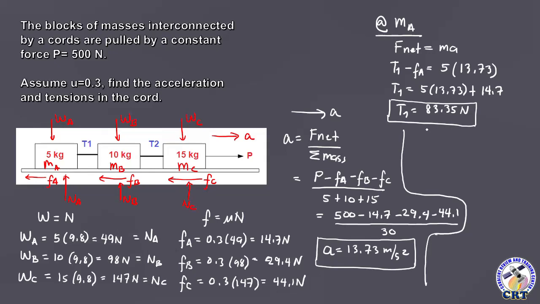Solving for T2, the tension 2, let us consider the 10 kilogram mass. So at MB, our F net there is T2 minus FB equals the mass, which is 10 kilograms, times the acceleration, 13.73.